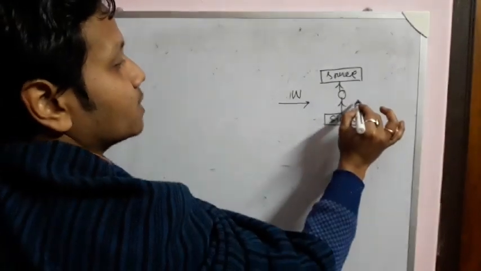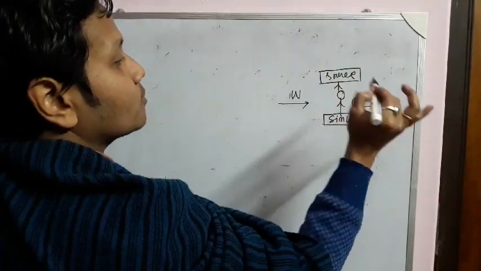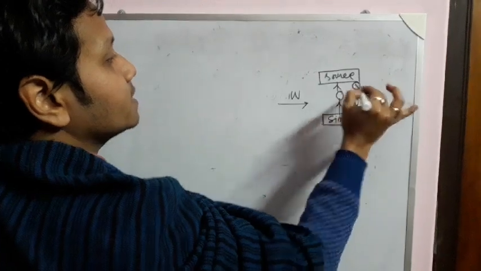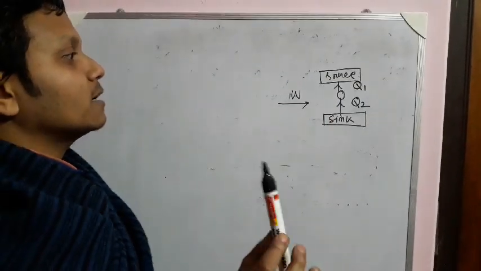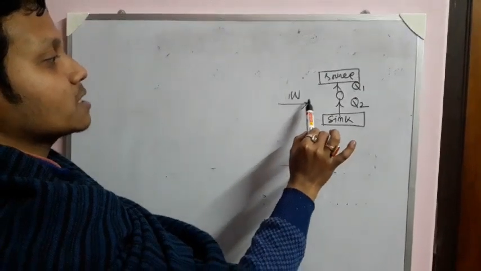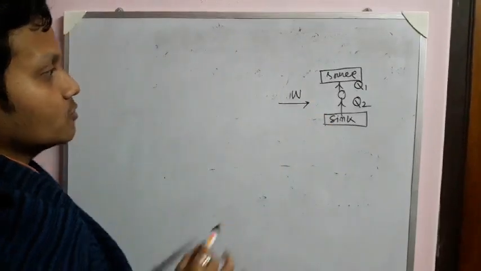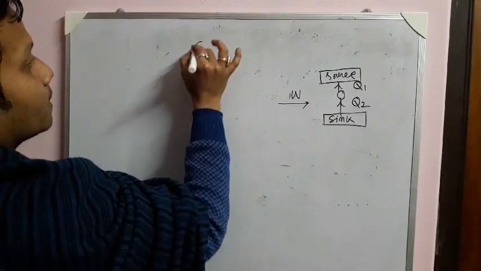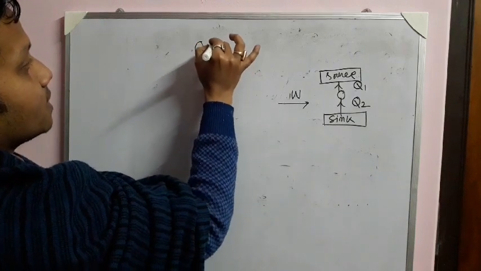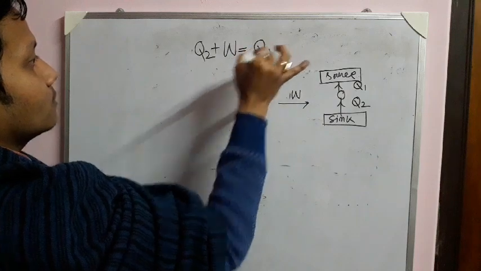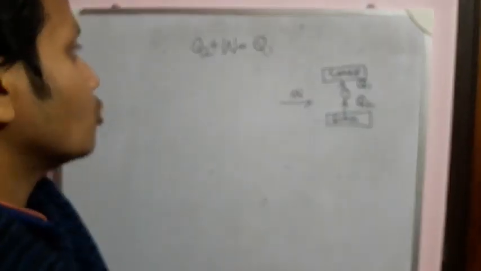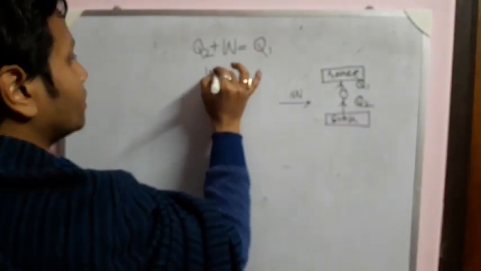If Q2 is the heat energy absorbed from sink and Q1 is the heat rejected to source, then it cannot be possible unless we supply some external energy or work from outside. That means Q2 heat is extracted from sink and we apply external energy, then it goes to source. So what will be my W?